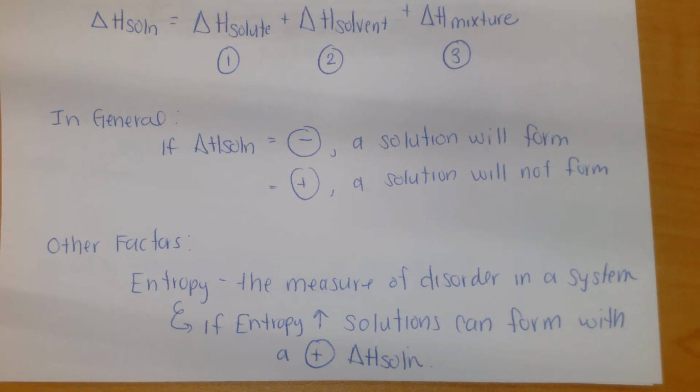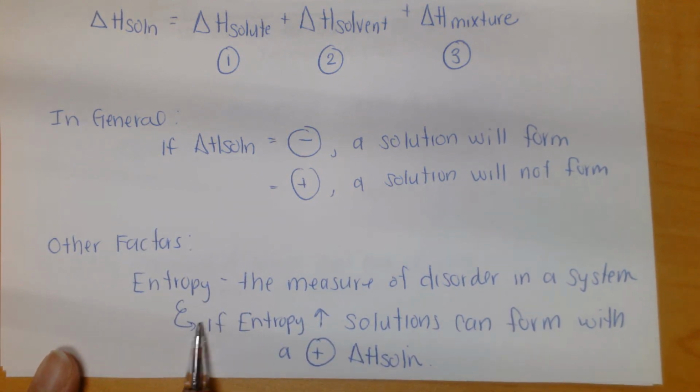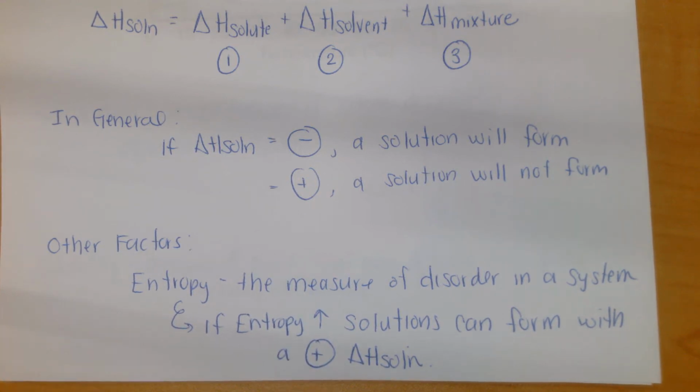So you are increasing the entropy of the system by breaking up all that order and structure in the lattice of that solid. So we can get a solution that forms if we have a very large increase in entropy. We can have a particular solid that would dissolve into water.